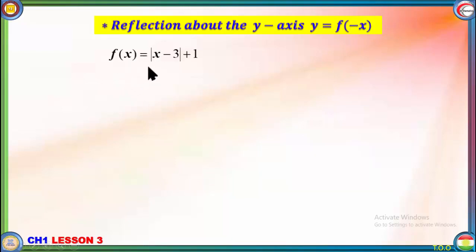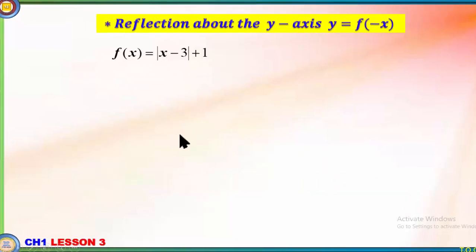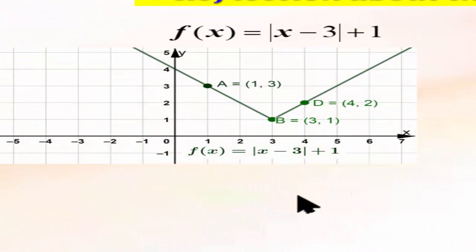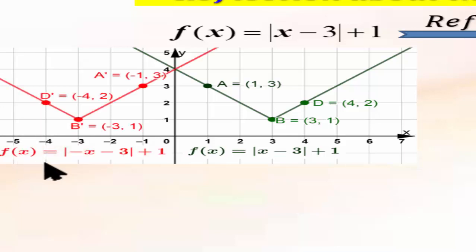If we take f(x) equal absolute value of x minus 3 plus 1 and draw its graph by reflection about the y-axis, it becomes like this. The function becomes absolute value of minus x minus 3 plus 1, only changing the sign of x.